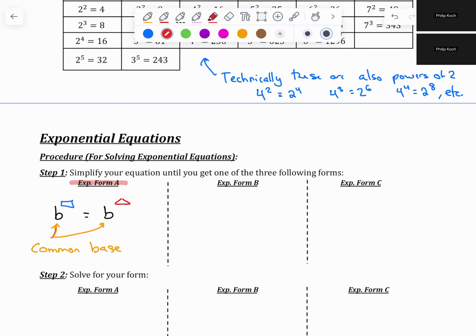Form B is you get b to the something, b to the blue box, equals a to the red triangle. And these have no common base.